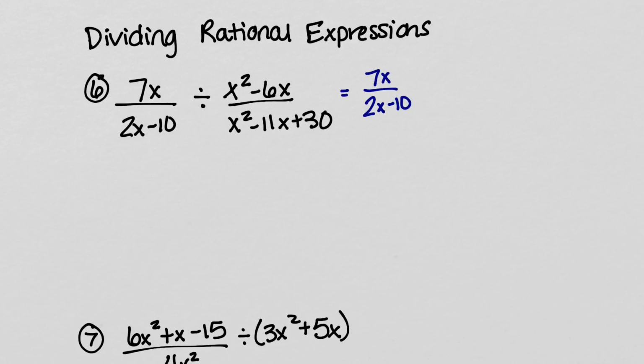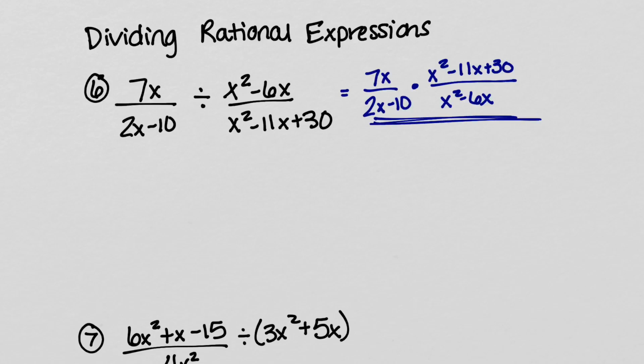And then we take the other one, and now I want to say it's multiplying instead of dividing. And I'm going to flip it. So I have x squared minus 11x plus 30 over x squared minus 6x. So everything stayed the same. I just flipped that last fraction, and instead of divide, I'm going to multiply now. Okay? So this is what I'm going to work with.